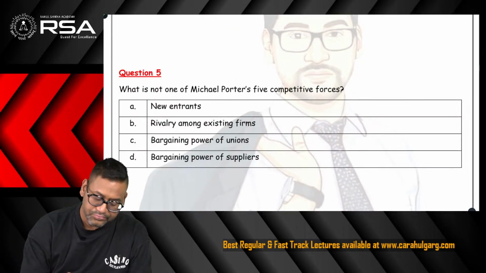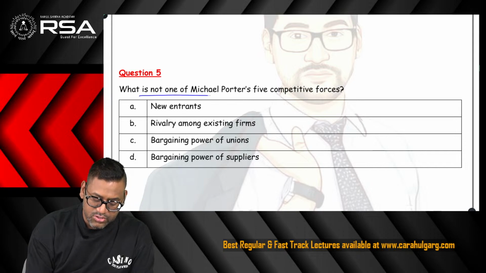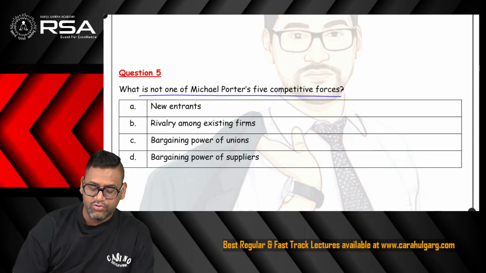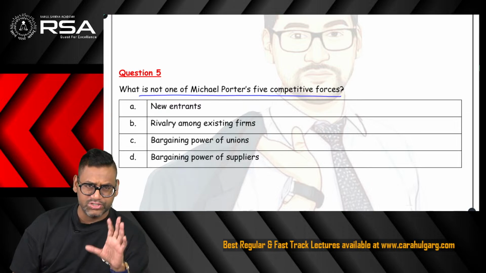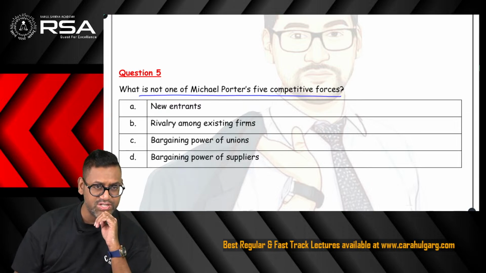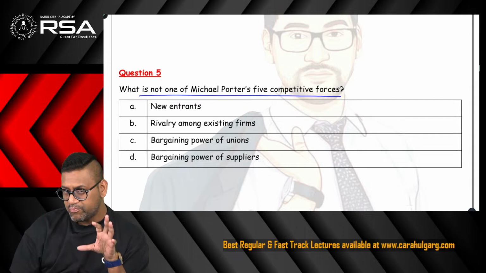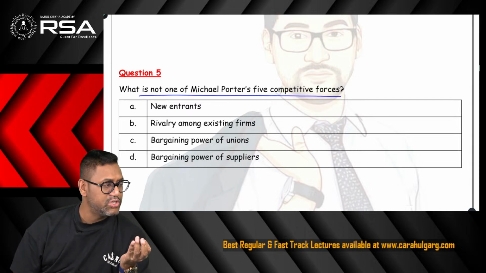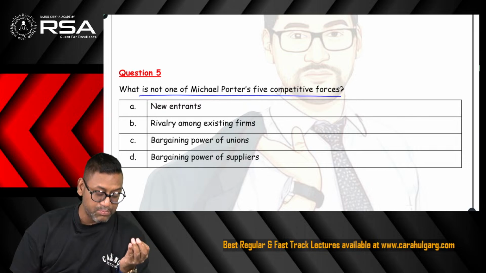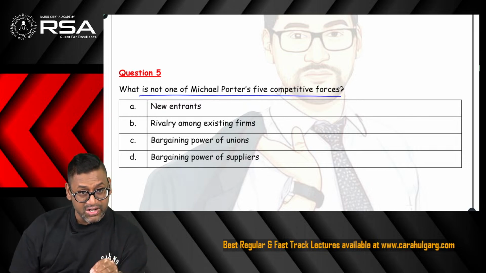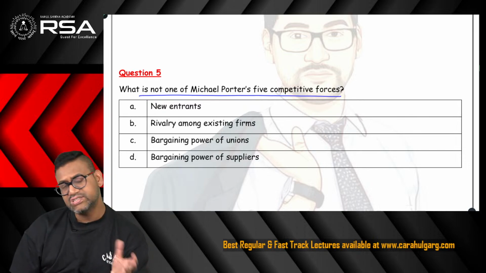Next question. Which of these is not one of Michael Porter's 5 competitive forces? So we know Michael Porter said there are 5 competitive pressures in the market, and if you're doing business, you have to survive amongst those 5 forces, out of which one is new entrants, then bargaining power of buyers, bargaining power of suppliers, rivalry, that means the competition, and the threat of substitutes.